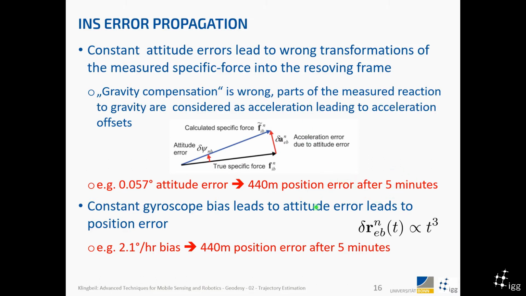And if you now say that this attitude error is growing linearly over time because it comes from a constant gyroscope bias, then this gyroscope bias leads to an attitude error which goes with t to the 3. So this goes cubic with time. So the position error based on a gyro bias goes cubic with time.